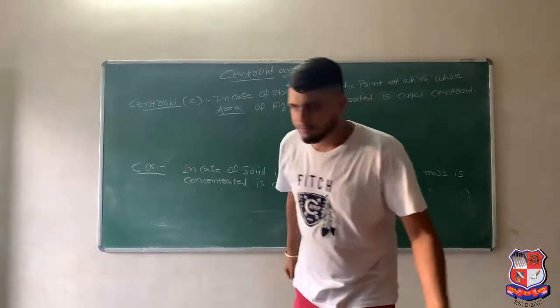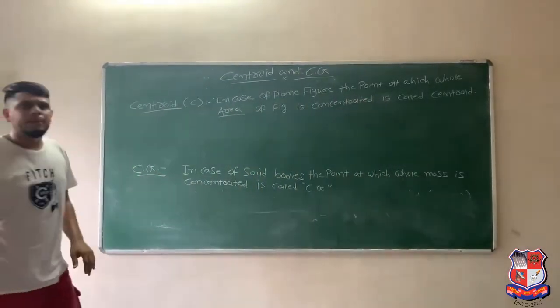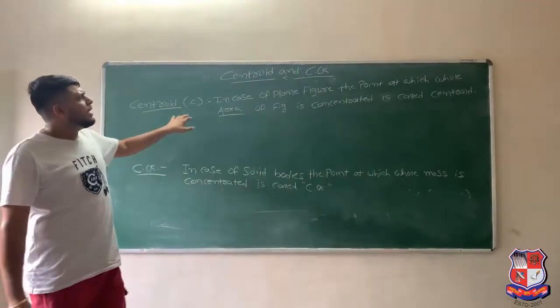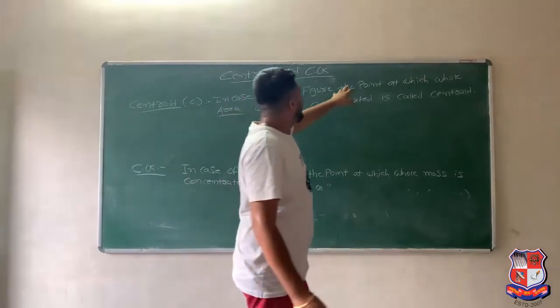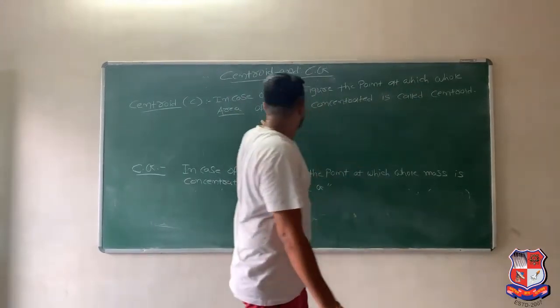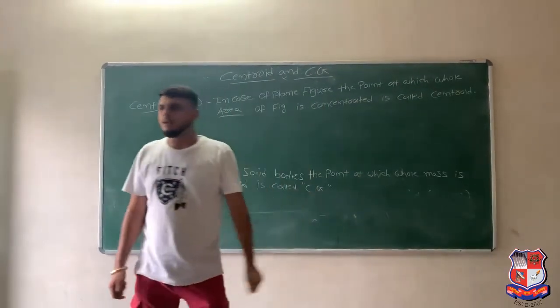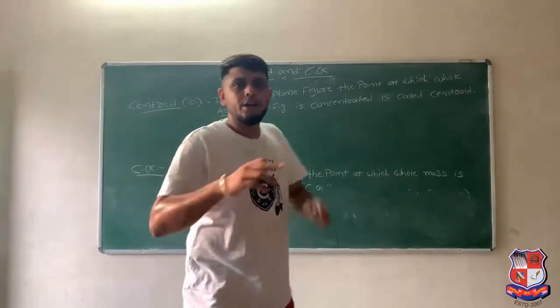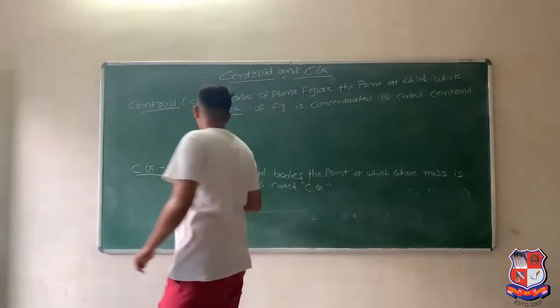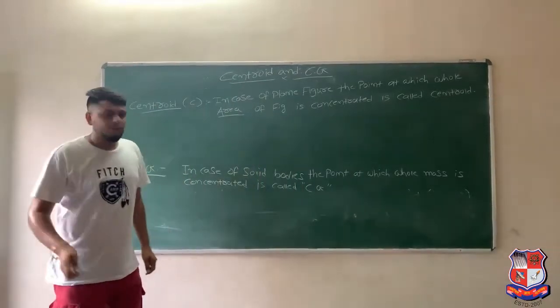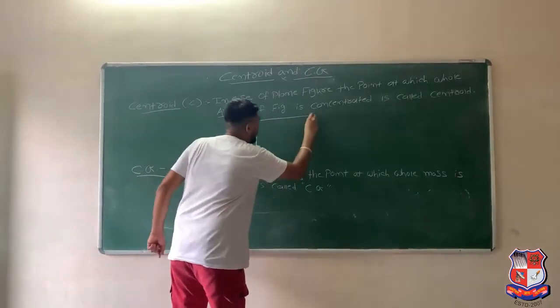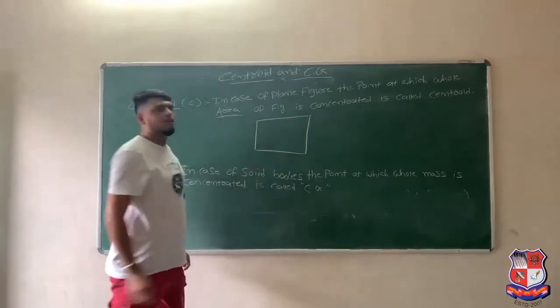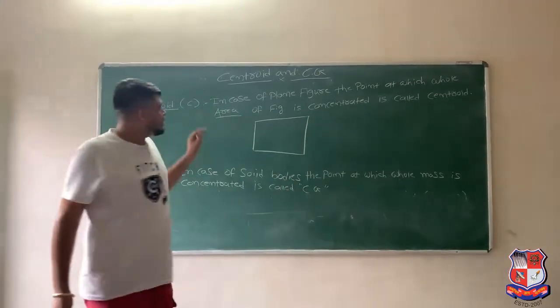Let me explain. Okay. What is the fundamental definition of centroid? In case of a plane figure, the point at which the whole area is concentrated is known as centroid. It means in a plane, suppose one rectangle. In a rectangular portion, what is centroid?